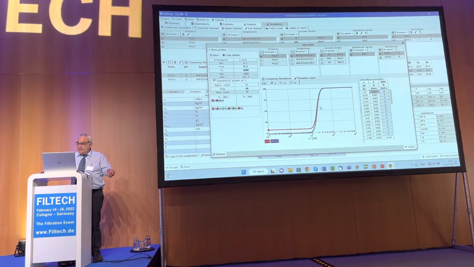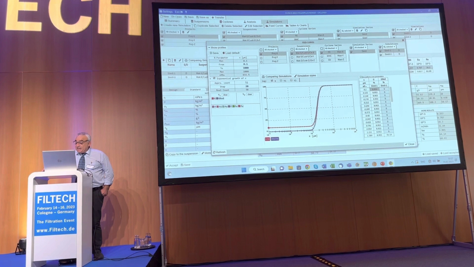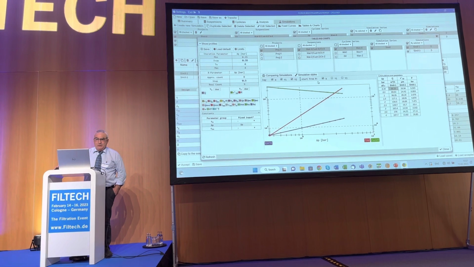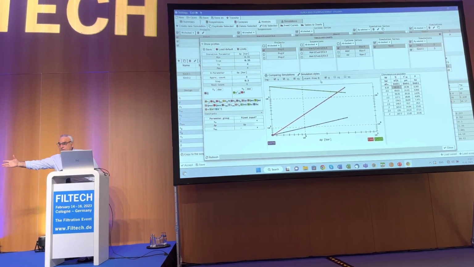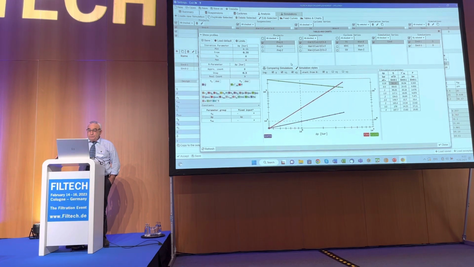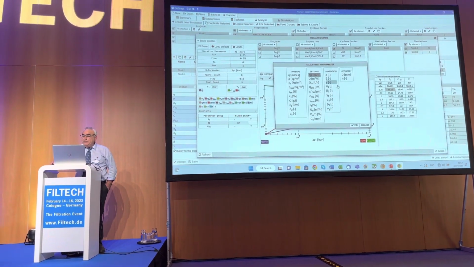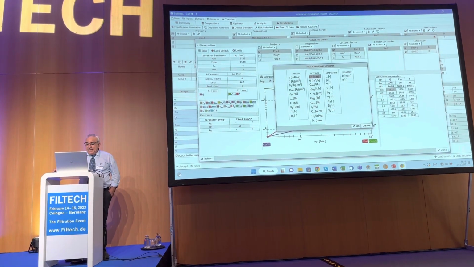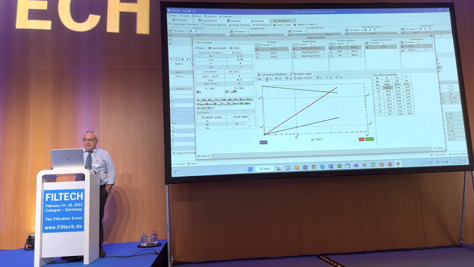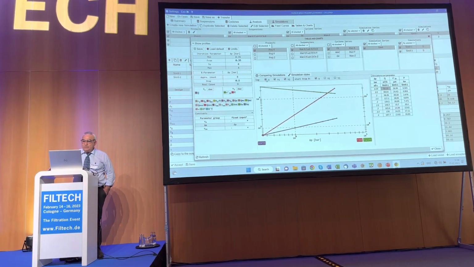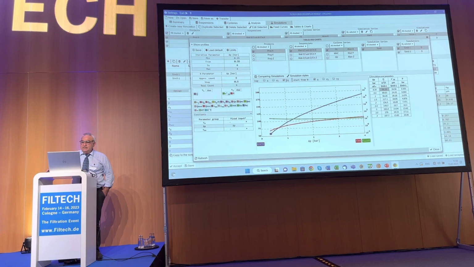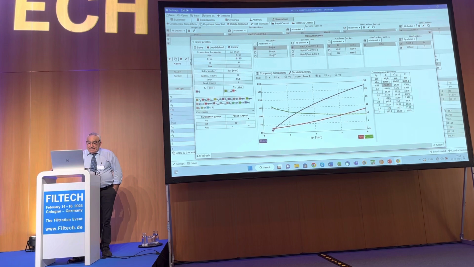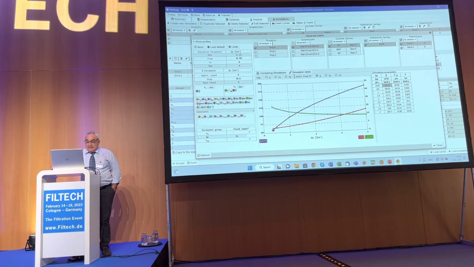And we can study also the influence of any parameter on the results, on the hydrocyclone performance. You see all the parameters you can select as y-axis, x-axis parameter, iteration parameter. And you can see here also linear or logarithmic. You can see also the program distinguishes between influencing parameters.